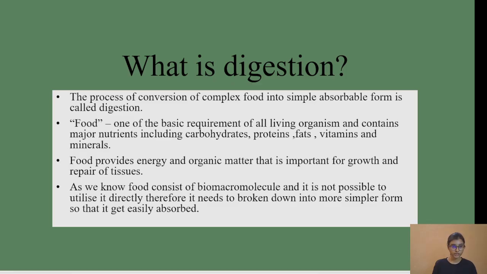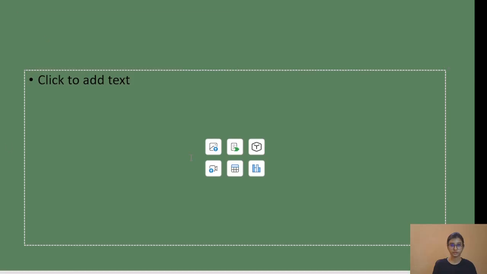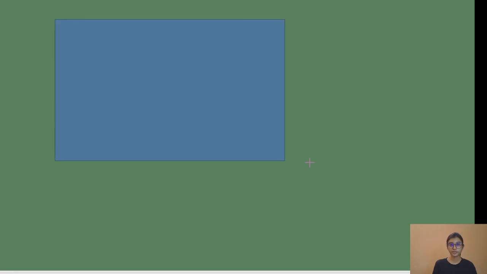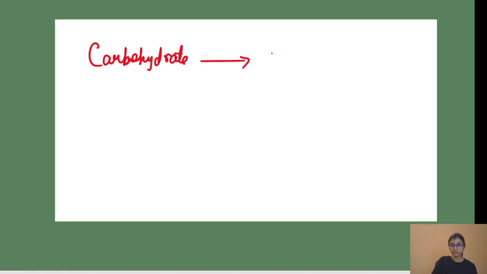Now, let's see. If we say we are having carbohydrates, these carbohydrates are going to be broken down into simpler molecules, glucose.